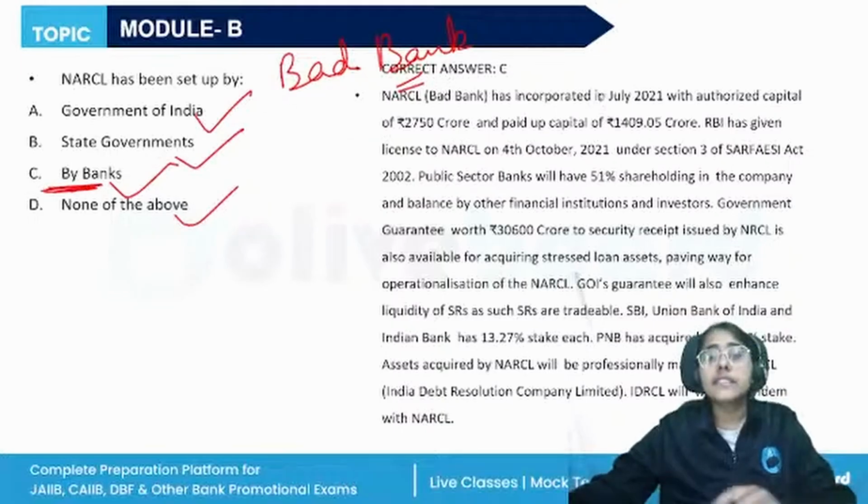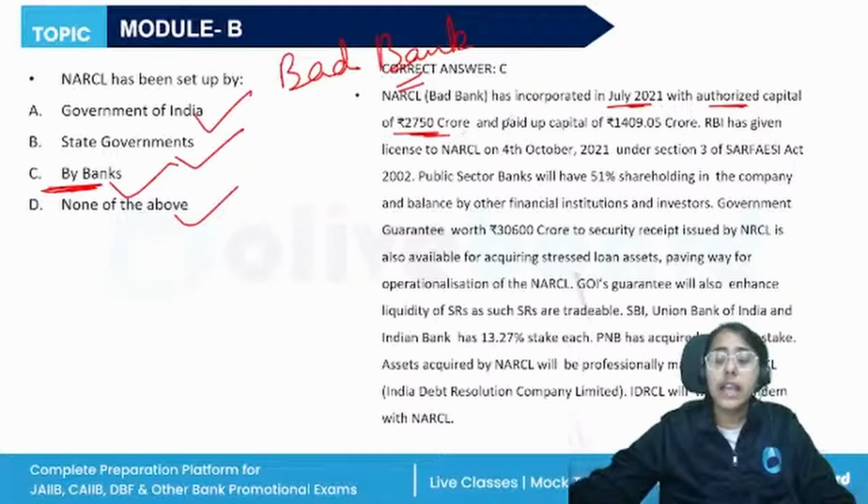The NARCL was incorporated in July 2021 with authorized share capital of 2,750 crore and paid up capital of 1,409.05 crore. RBI has given the license to NARCL under the SARFAESI Act.